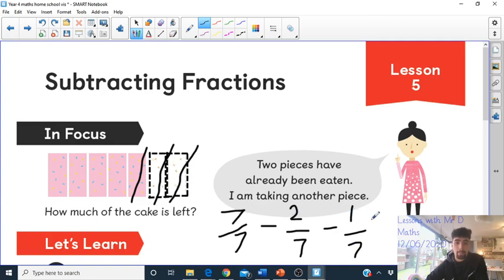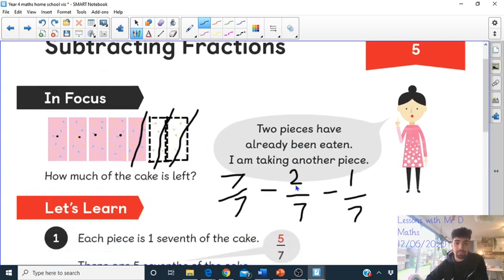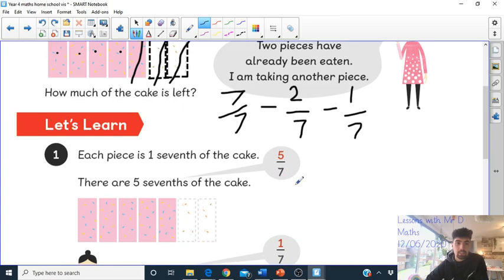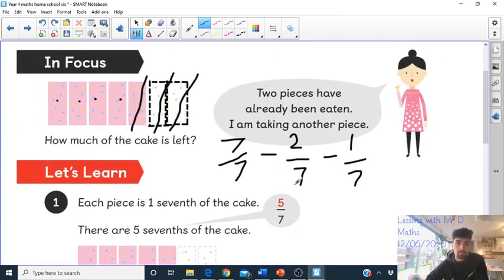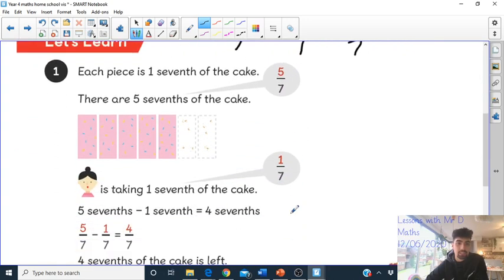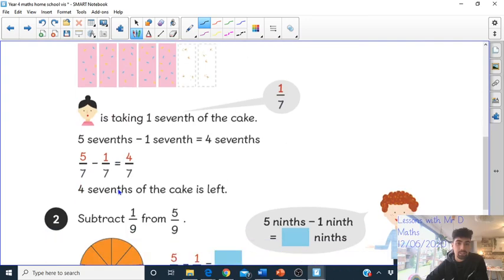Take away 1 is 4. There I've got my 1, 2, 3, 4 pieces left, my 4 parts of the 7. Alright. They're saying here that they had 5 sevenths, they took away 1 seventh, I'd have 4 sevenths left.